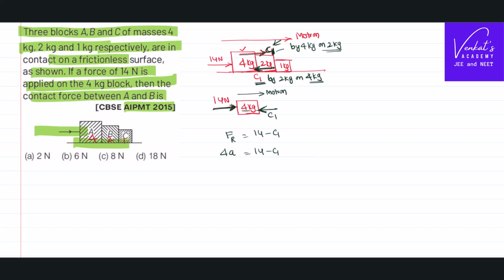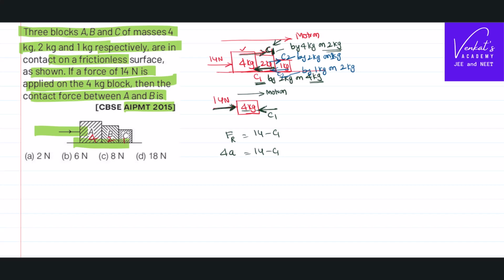Now look at this 2 kilogram. When 4 kilogram pushes 2 kilogram, 2 kilogram pushes 1 kilogram forward with a contact force C2. That's an action. Be careful, C2 is applied by 2 kilogram on 1 kilogram. Then this 1 kilogram is going to apply a reaction on 2 kilogram of the same value C2, by 1 kilogram on 2 kilogram.